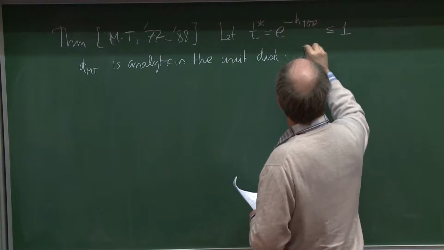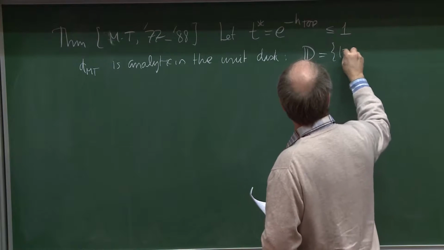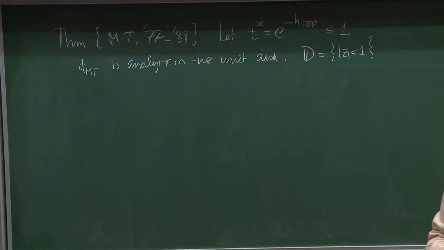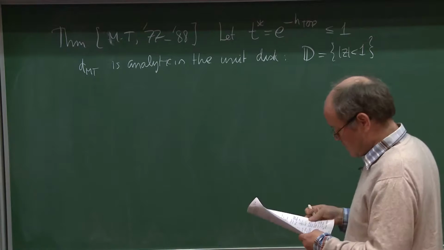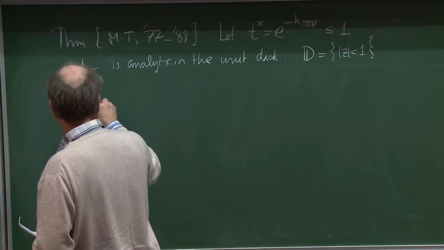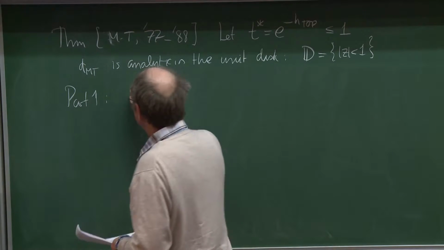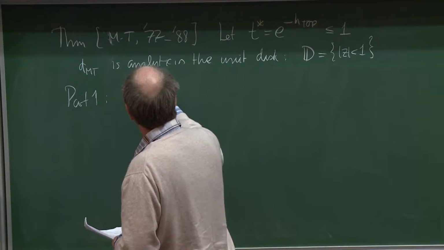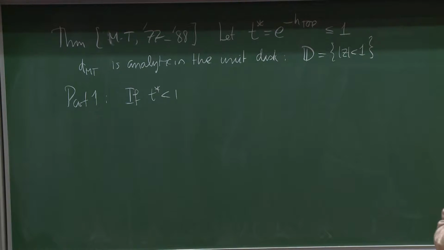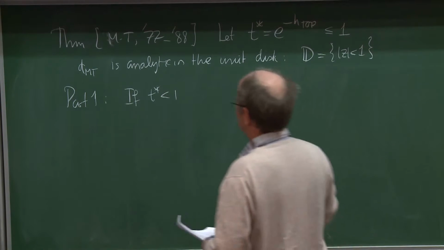So we write D like this. And so in the interior, it's an analytic function. So zeros, for instance, will be isolated points. And the first part of their theorem is that if t star is smaller than 1, then it is actually a zero of their determinant.